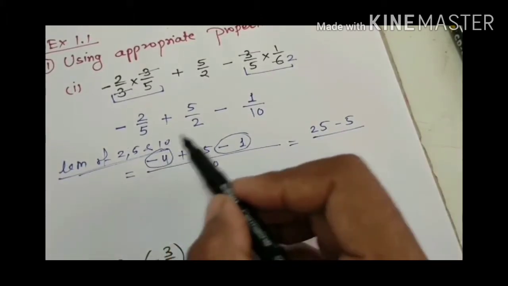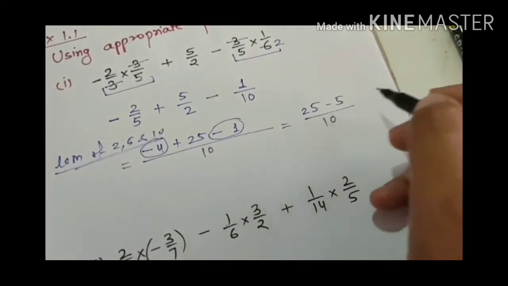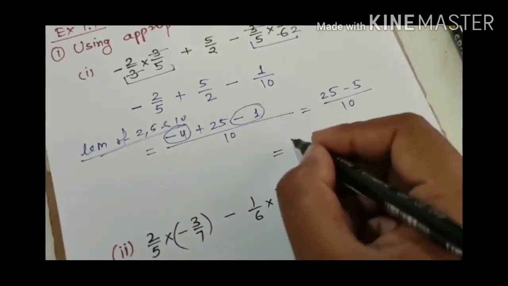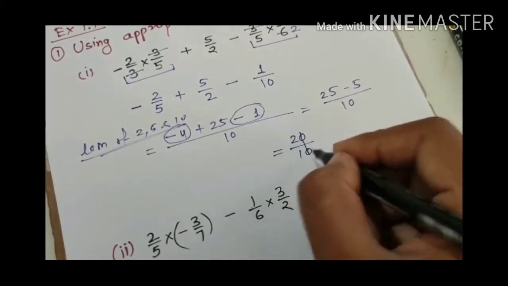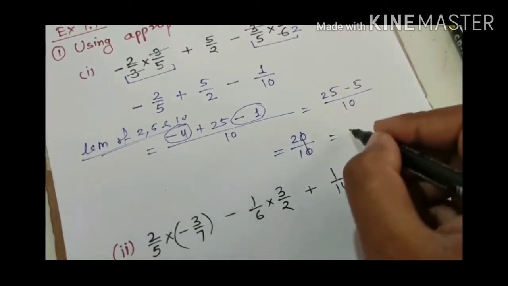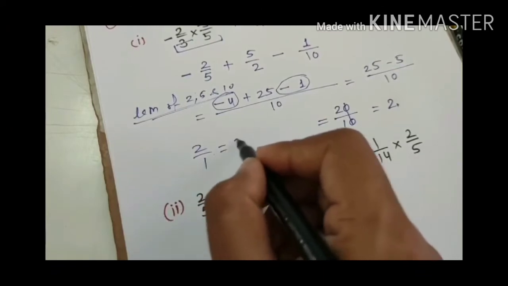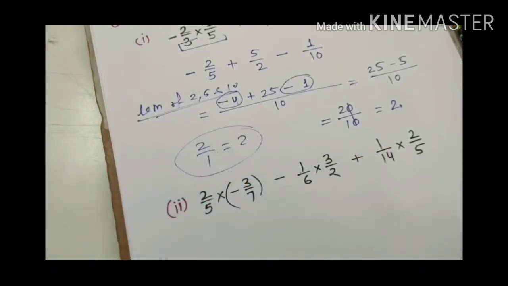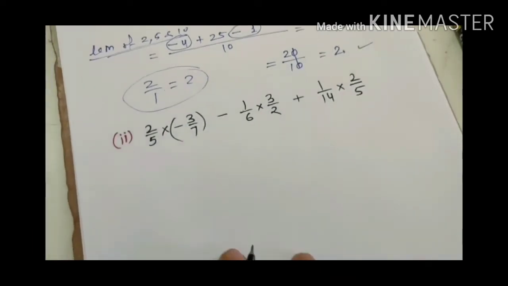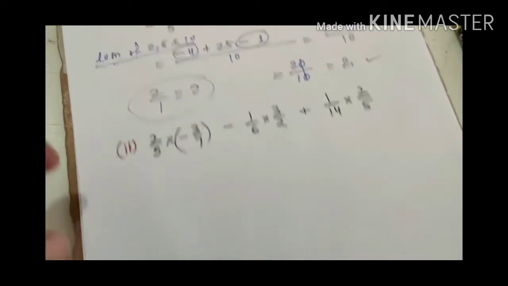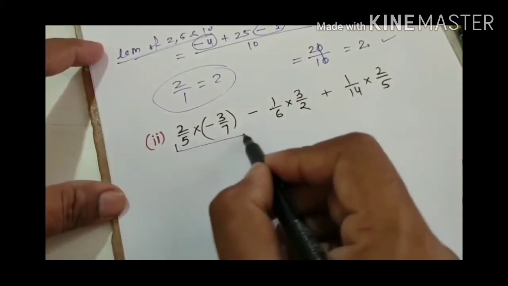So minus minus will always add. So 25 minus 5, 10, zero zero cancel. The answer is 2.